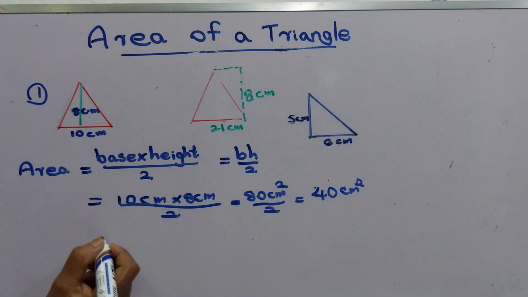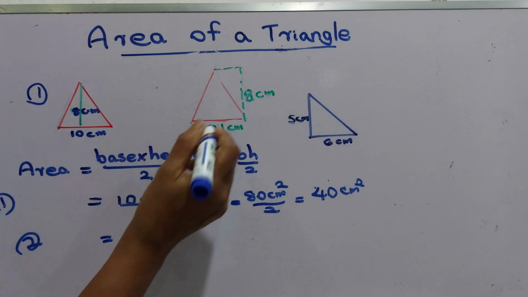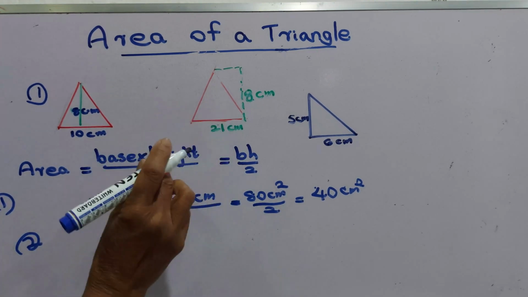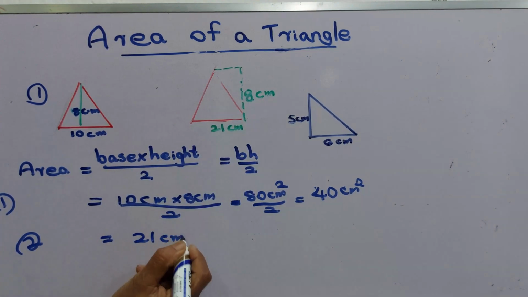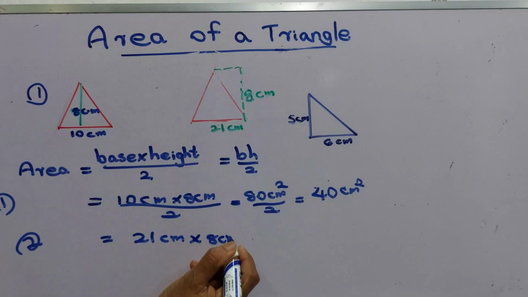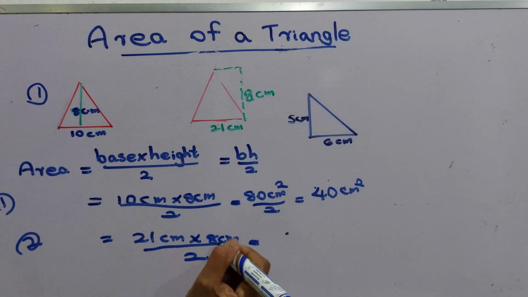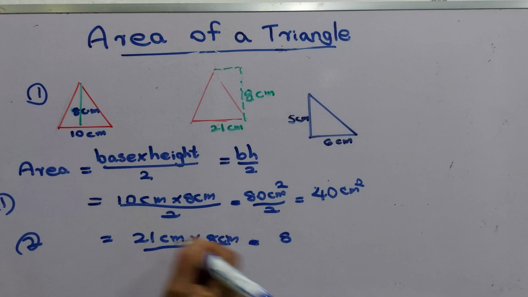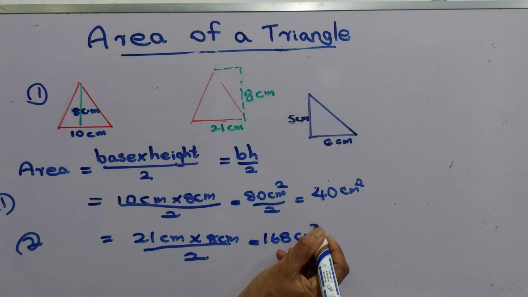Then the second triangle. Area equals base, that means 21 centimeters into 8 centimeters, divided by 2. 21 into 8 is 168 square centimeters, divided by 2.